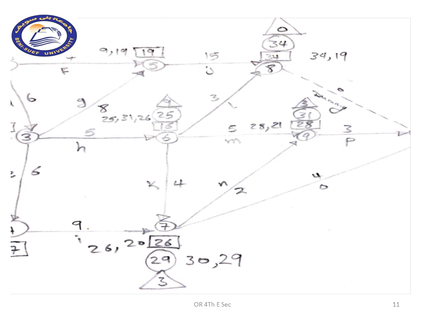Here 29 represents the latest possible starting time that is allowed for any activity that is starting from node 7, meaning that for activities N and O the latest possible starting time for them is 29 weeks.